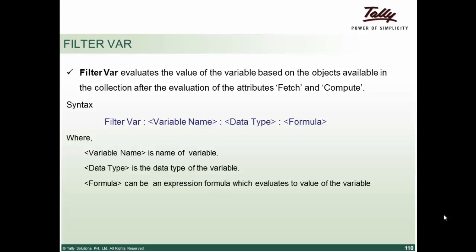Filterware evaluates the value based on the objects available in the collection after the evaluation of the fetch and compute attributes. So basically filterware gets triggered after your fetch and compute. Whatever you require after this can be pushed into filterware.